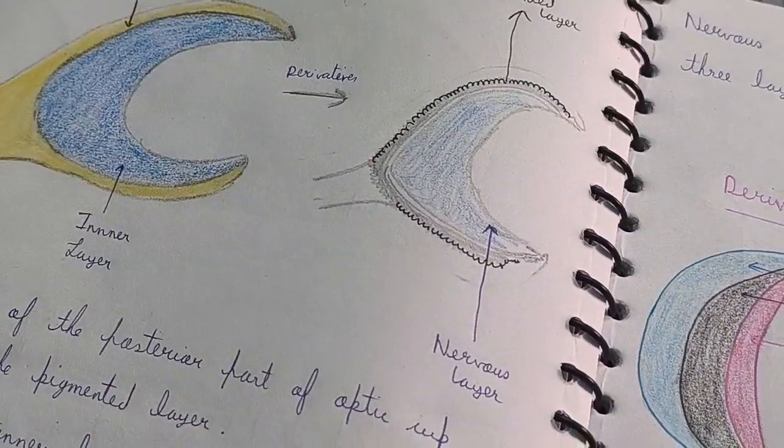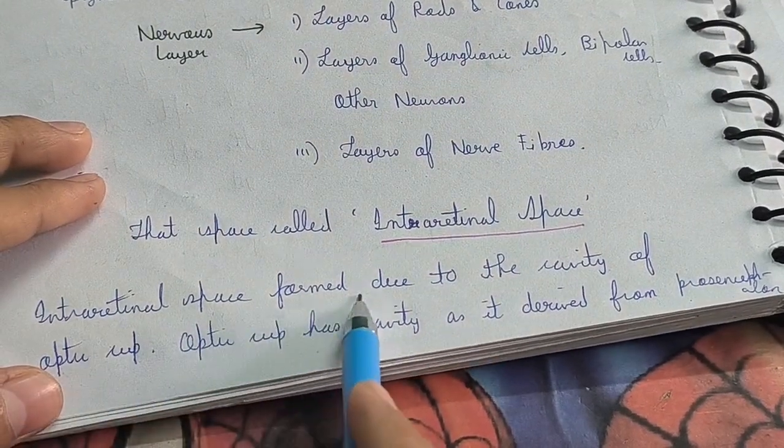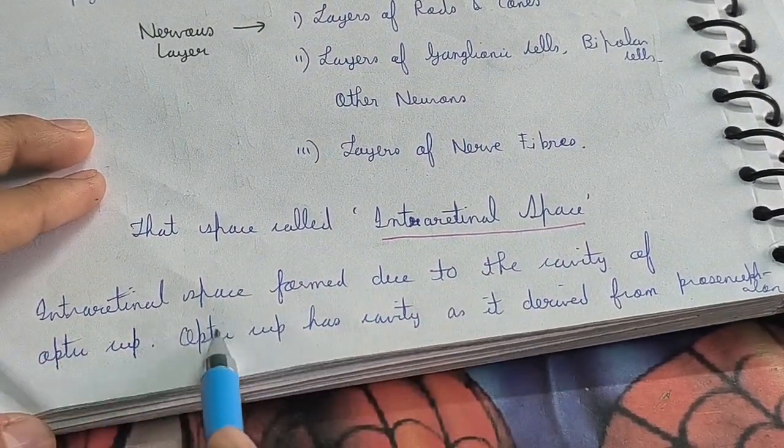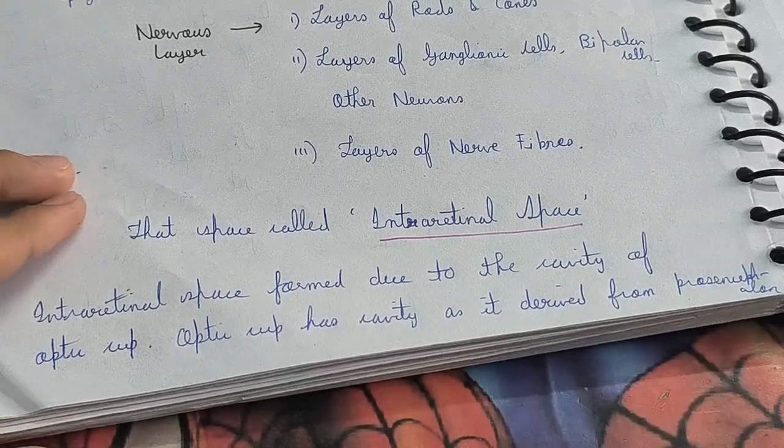This is the main reason. Therefore I have written that the intraretinal space formed due to the cavity of the optic cup, and this optic cup has a cavity as it is derived from the prosencephalon.